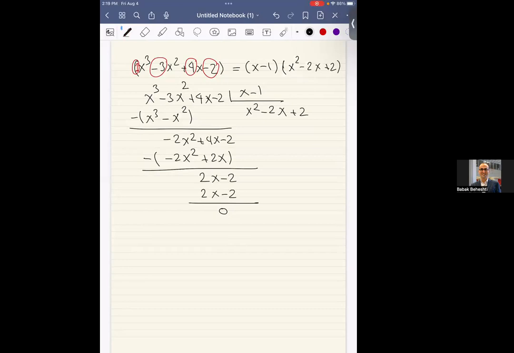Or you can say x squared minus 2x plus 2 is just x minus 1 squared plus 1. So you see, it's always greater than or equal to 1, so it doesn't have any other roots.